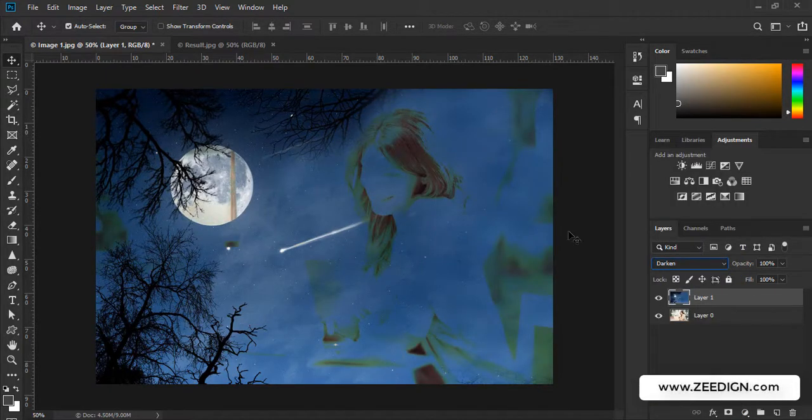And like I mentioned with the definition, it is all about comparing the pixels of both of these layers, and it will display the ones which are darker after comparison.